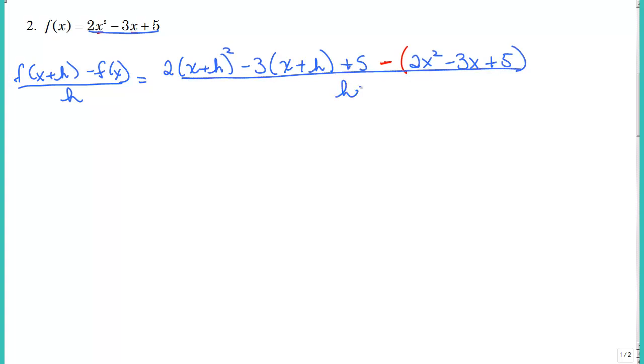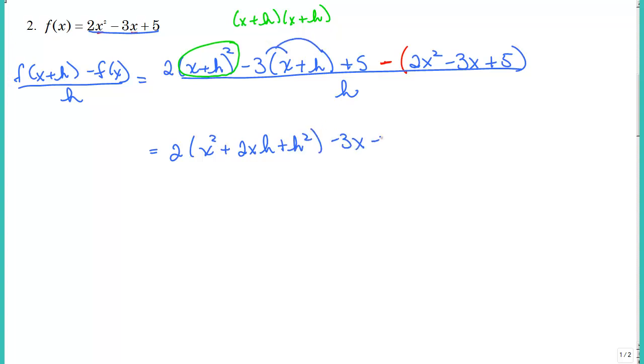So here we have to follow the order of operations. We have to multiply that out first, which means we have to FOIL it out and then distribute that 2. I'm going to go ahead and distribute the negative 3, and then distribute that minus sign.